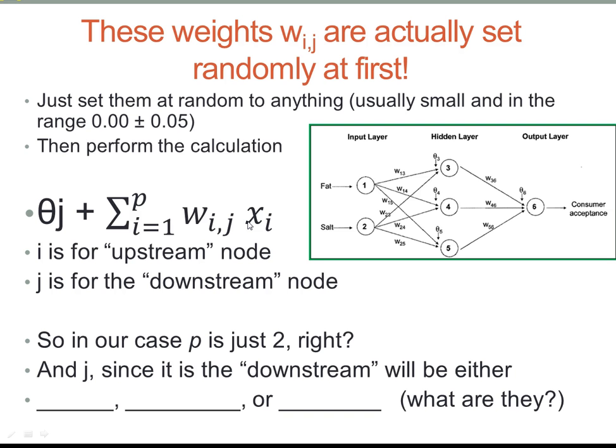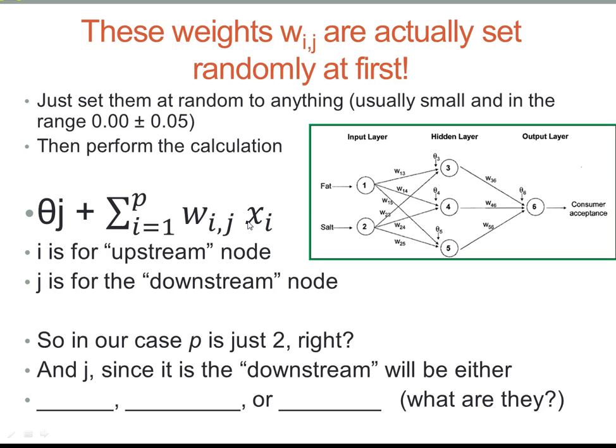And then the sigma tells me to put a plus sign in between them. So doesn't this generate this? In other words, that represents what we're feeding into node 3.